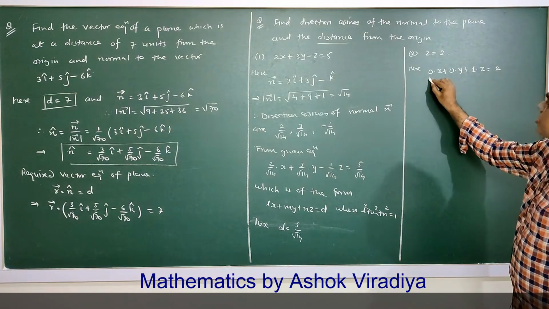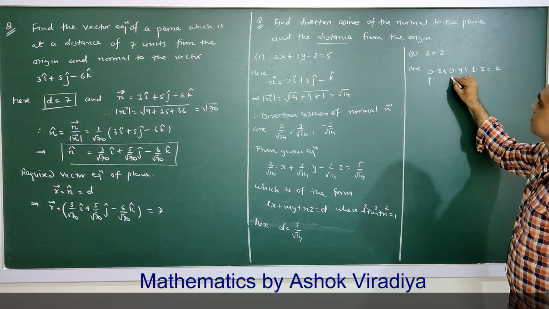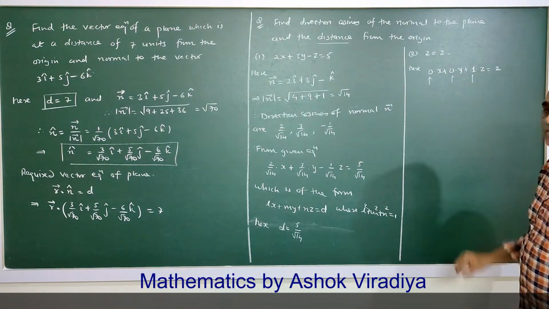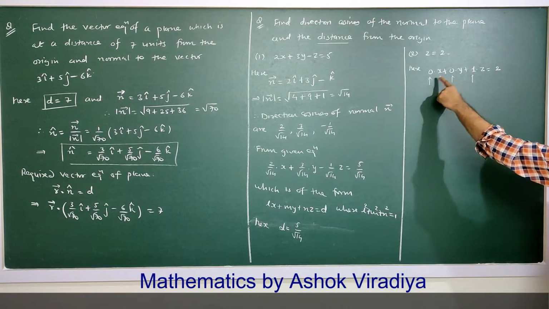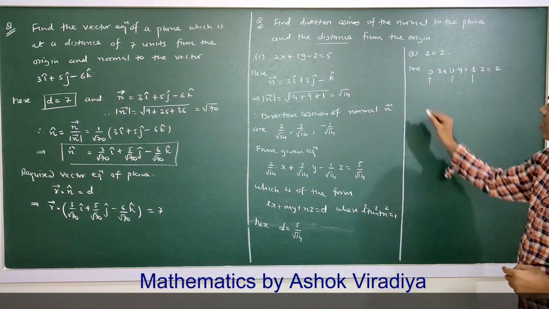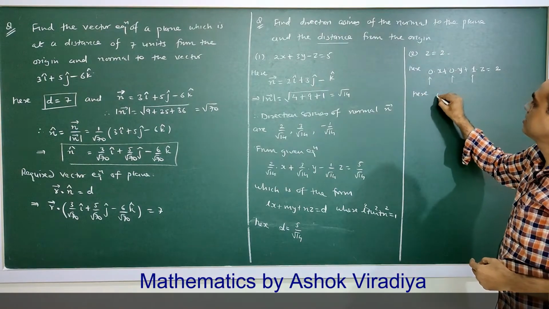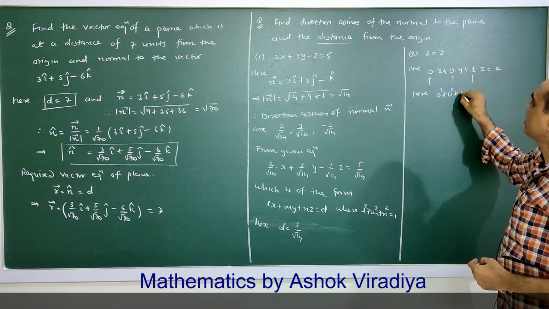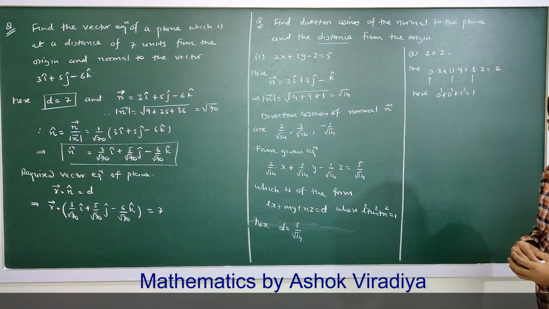Now observe these numbers. The sum of squares of these numbers is 1: 0 square plus 0 square plus 1 square is 1.